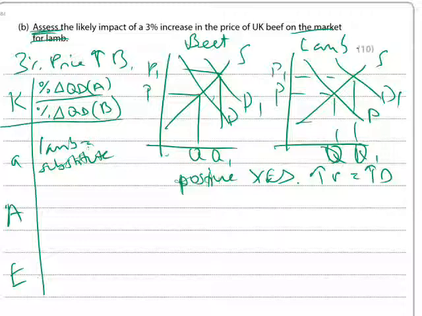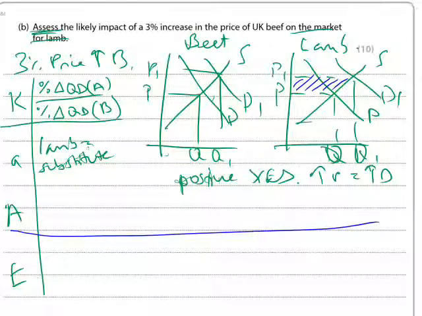You could get some extra marks if you wanted, just to guarantee that there would be an increase in producer surplus in that market. And that's kind of your analysis part of that question. In terms of the evaluation, one very straightforward way to evaluate any elasticity question is that it depends upon.